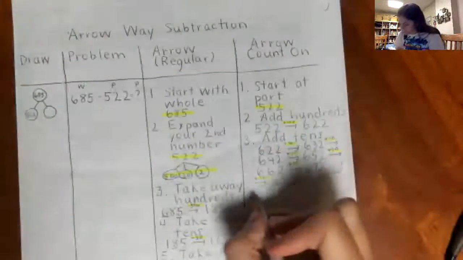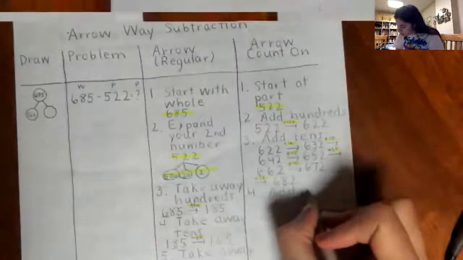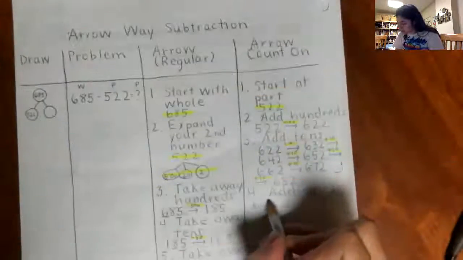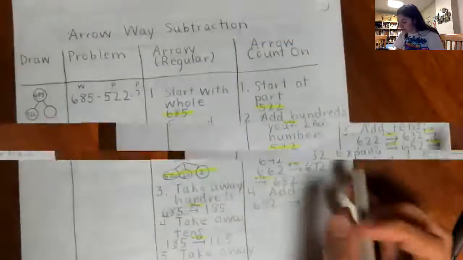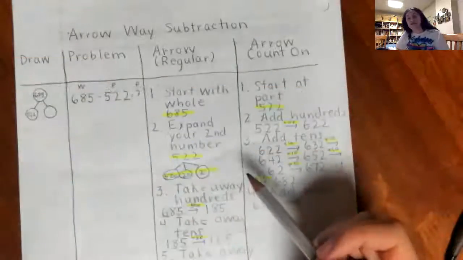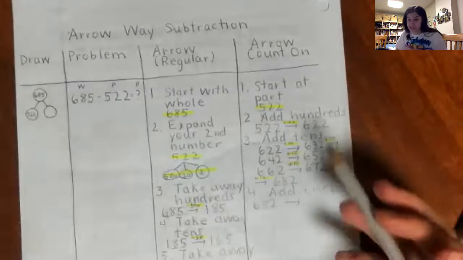Okay, now I'm gonna add ones. So now I'm at 682, and I'm gonna add ones until I get to 685, okay? I can either do this 2 ways. I can just add 1, 1, 1, or I can just add 3.